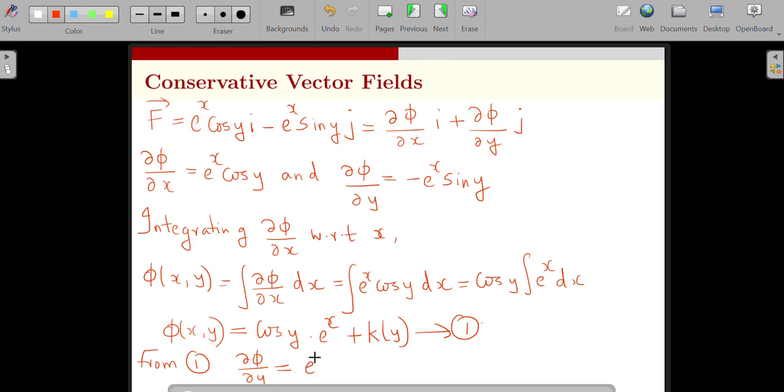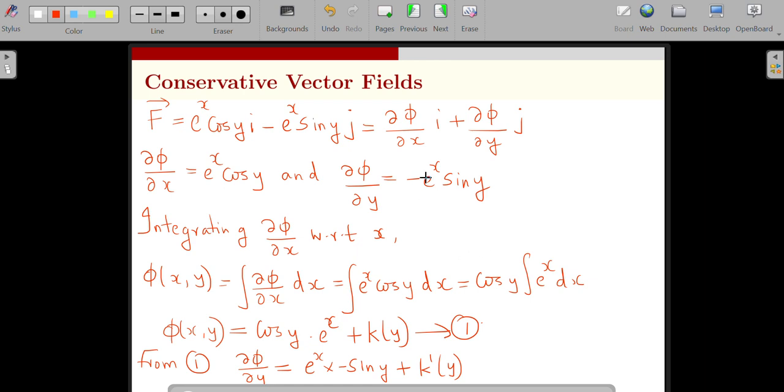So this is equal to e^x into minus sin y plus k dash of y. Fine. But we already know that ∂phi/∂y is equal to minus e^x sin y.